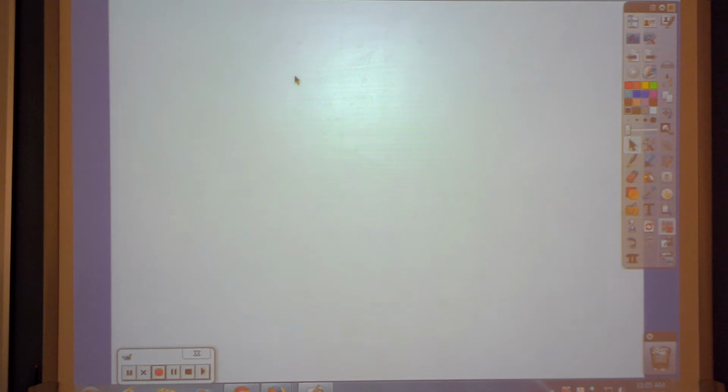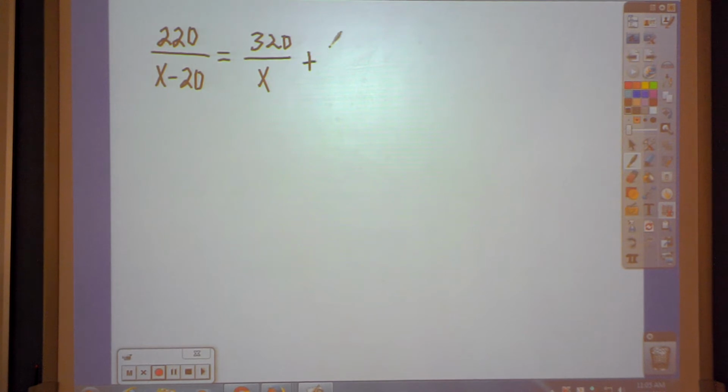If I add one more term, you can't use it, so that's why I don't teach it. I always teach clear the fraction. Because if I added a plus 2 out here, you couldn't use cross multiplication.